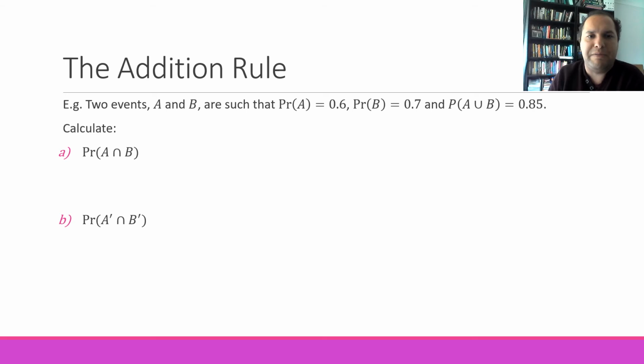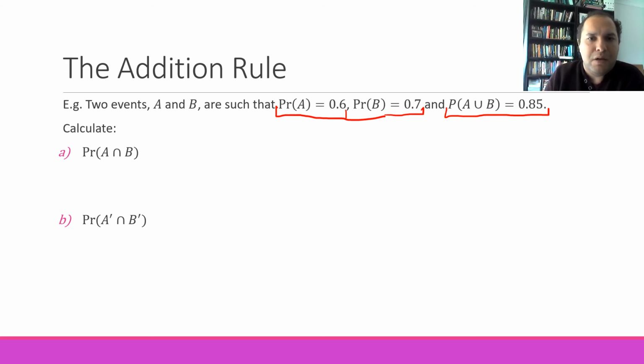Alright, so let's say we've got two events A and B, and the probability of event A happening is 0.6, the probability of event B happening is 0.7, and the probability of either of those events happening, or our union, is 0.85. We have to calculate the probability of A and B happening at the same time.